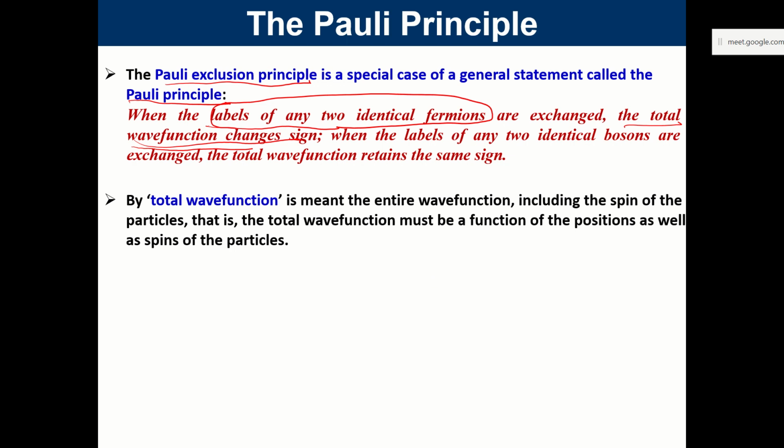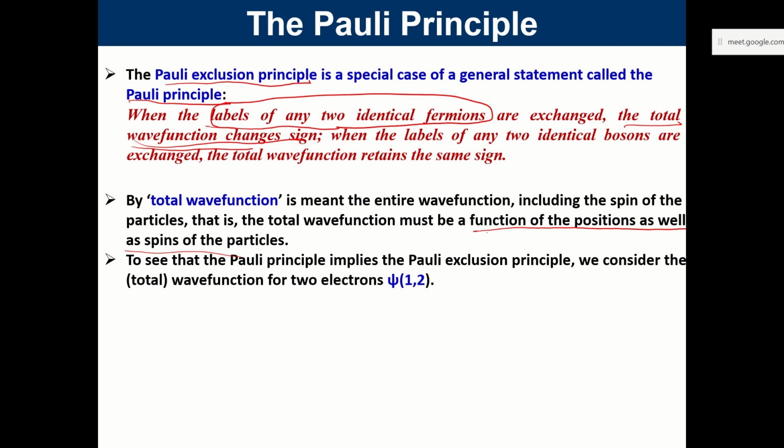So that total wave function must change sign when we interchange the label 1 with 2, 2 with 1, that is, when electron numbers 1 and 2 exchange their respective places. So the total wave function must be a function of position as well as spin of the particles. And when you change the labels, the sign of the wave function must change.